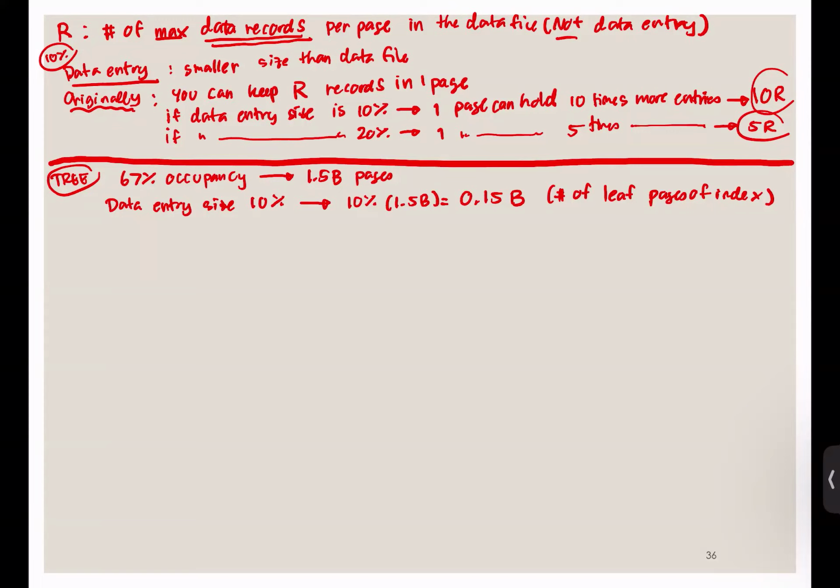Now if you want to find out how many data entries per page you could hold, we have to make sure that we still stick with the 67% occupancy rate. So instead of holding R, I can only hold 2/3 R, or 67%.